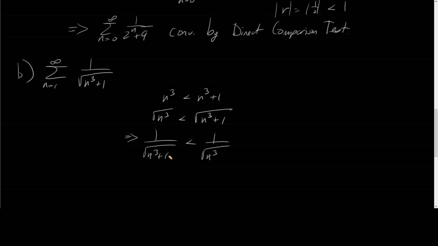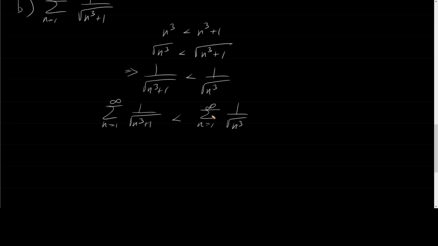And we care about this because now we have this series being compared to this other series. And we know what this one's doing. How do we know? This is a p-series. Here I can rewrite this as the summation from n equals 1 to infinity of 1 over n to the 3/2, which converges by p-series.